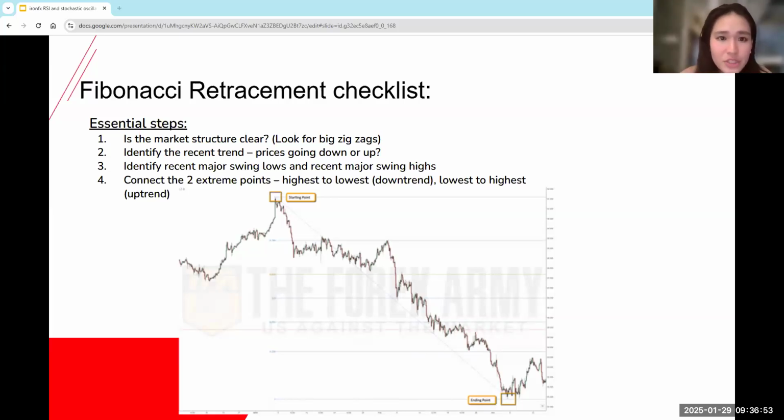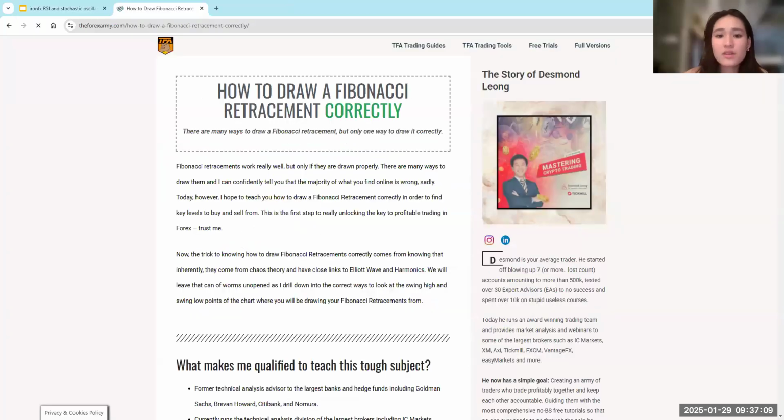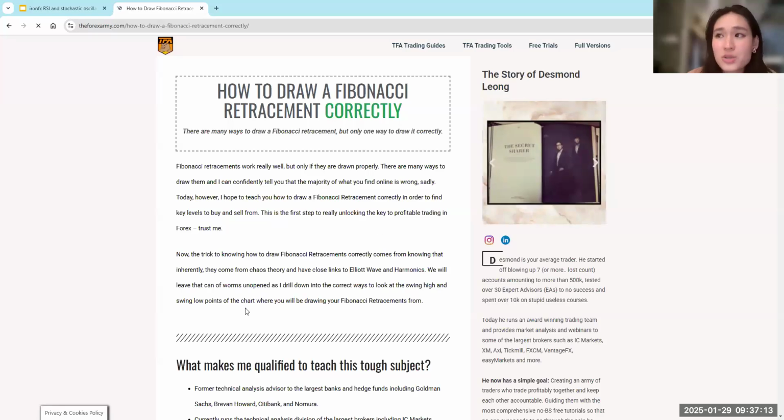So let me just show you a website that you can use if you're unfamiliar with Fibonacci. We do go through this more in depth in our Fibonacci series, so stay tuned for that.